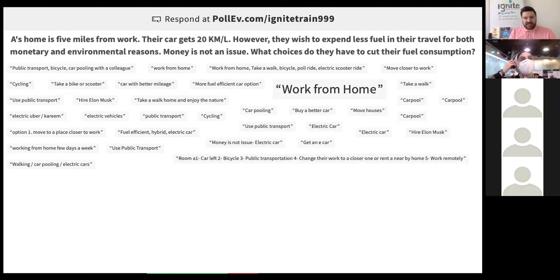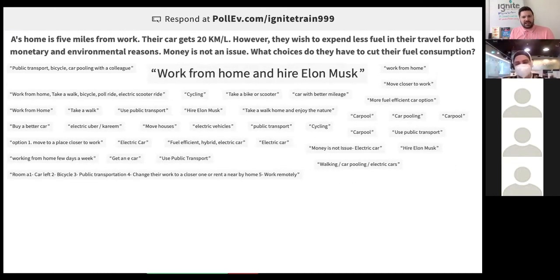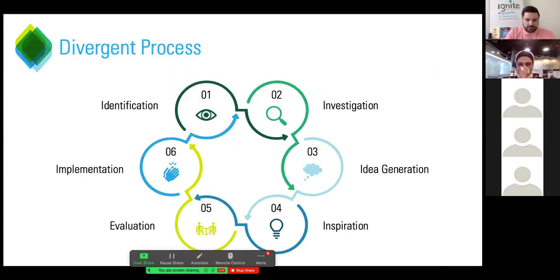So we slowly move from just wanting to be environmentally friendly and saving money in the way in which they travel, to actually working out how they can do something different personally that's going to help them do that, but also satisfy their own human needs. So just by exploring those options, we get different ways of thinking. So that goes around some of our divergent process.